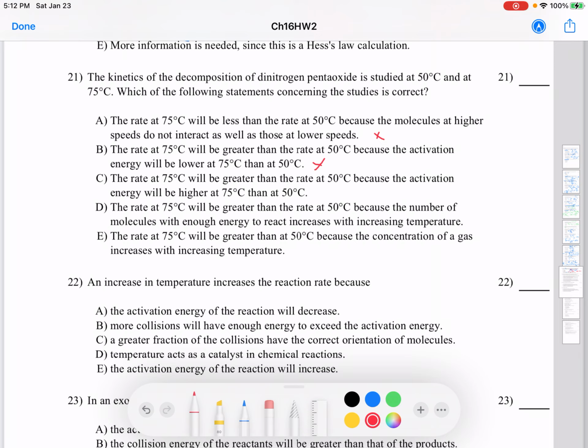The rate at 75 will be greater than 50 because the activation energy will be higher at 75 degrees. That's not true either. Rate at 75 will be greater than 50 because the number of molecules with enough energy to react increases with increasing temperature. That's correct. Rate at 75 will be greater than 50 because of the concentration of gas molecules. That's not correct either.